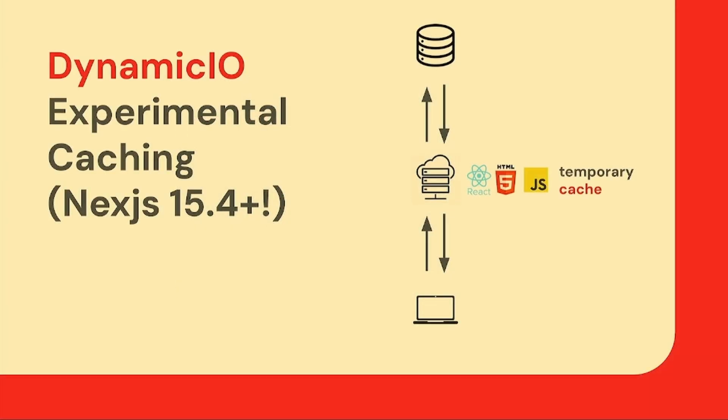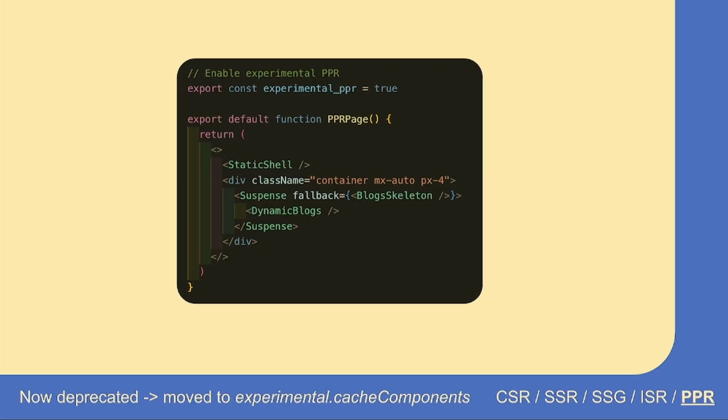So again, cutting edge. This is very recent. So dynamic I/O experimental cache. This is another layer on top of page, but also function caching mechanisms. So all of what we said until now was related to pages.